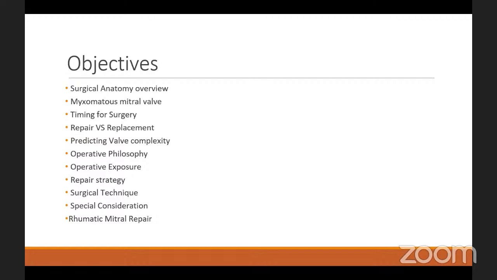We're going to cover a surgical anatomy overview in one slide, and then the repair technique for the degenerative mitral valve, timing for surgery, repair versus replacement, predicting valve complexity, operative philosophy, operative exposure, repair strategy, different surgical techniques for posterior and anterior leaflets, special considerations that we can face in the OR, and rheumatic mitral valve repair.